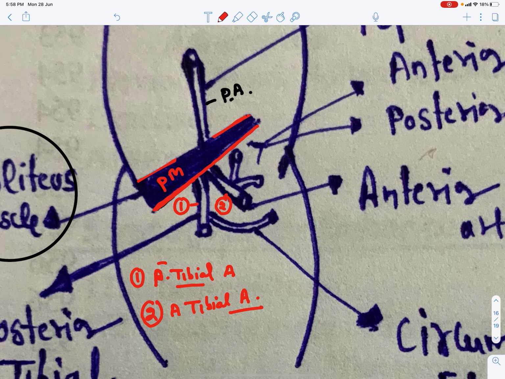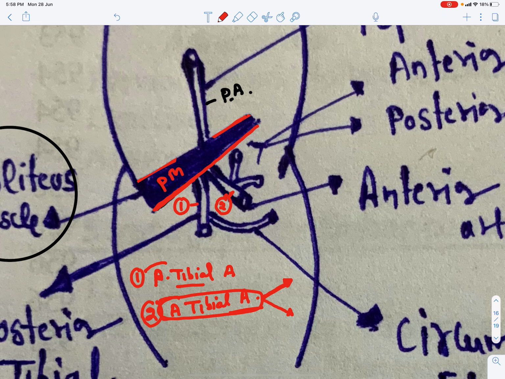Now from the anterior tibial artery, this is number 2, our anterior tibial artery. The anterior tibial artery gives out 2 branches. How many branches? 2 branches.